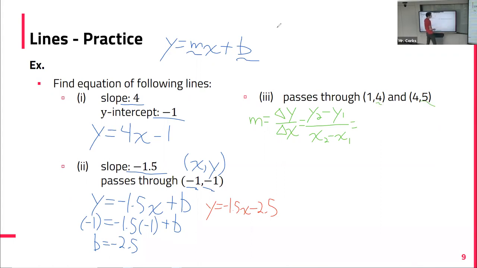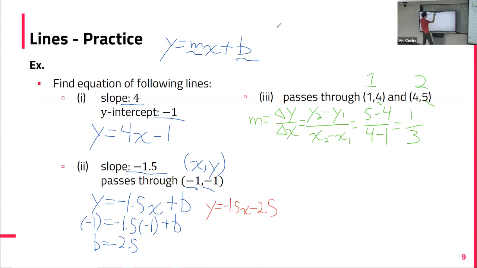Remember, it doesn't matter which order we do these in, but let's call that one 1, that one 2. So 5 minus 4 over 4 minus 1. So 1 over 3. Okay, so that's the slope. Remember, delta y is change in y, delta x is change in x. So we just subtract one from the other one and we get the difference.